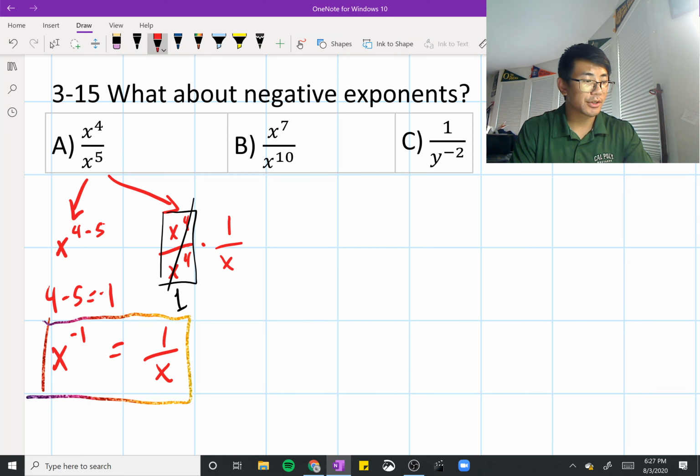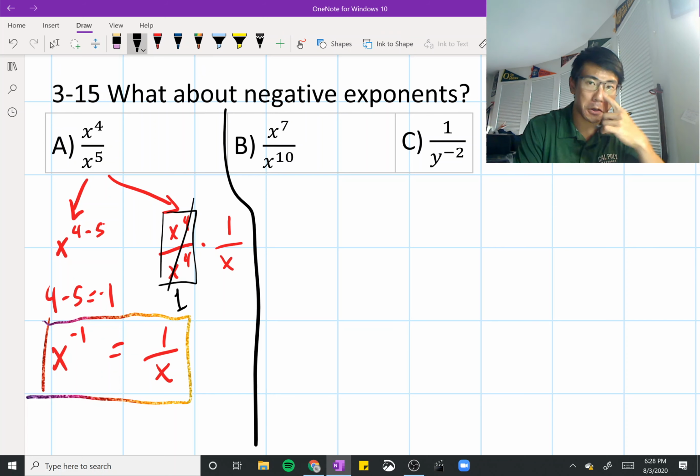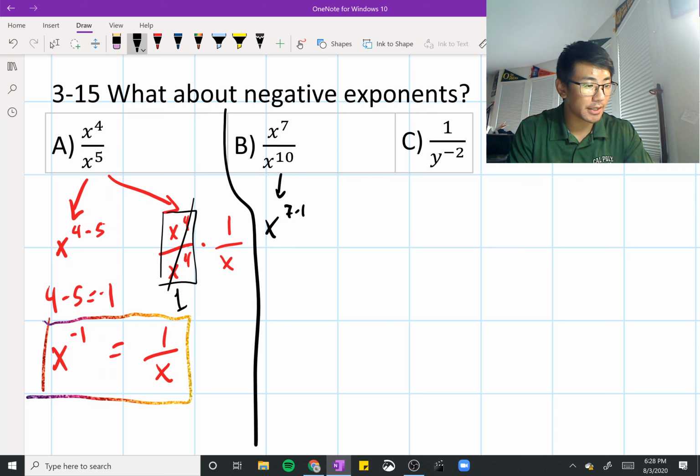Let's take a look at one more example and see if we can generalize this. Now I have x to the 7th over x to the 10th. So using our property, we will subtract them. And so we'll have x to the 7 minus 10, or x to the negative 3.